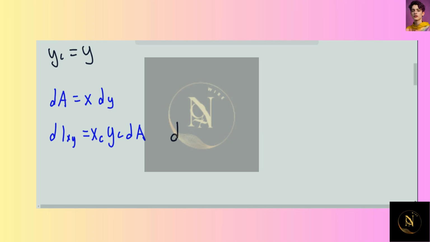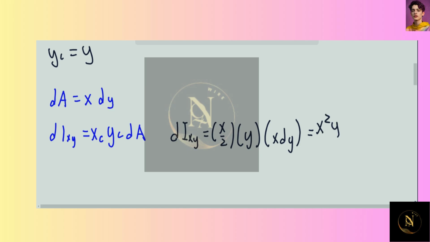So we can plug in x of c, y of c, and also dA. So this is equal to x divided by 2 times y times x dy, which we can write as x squared times y divided by 2 times dy.